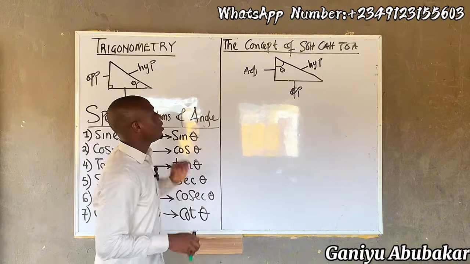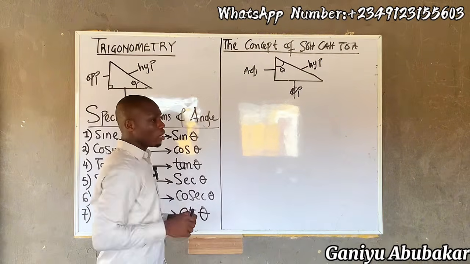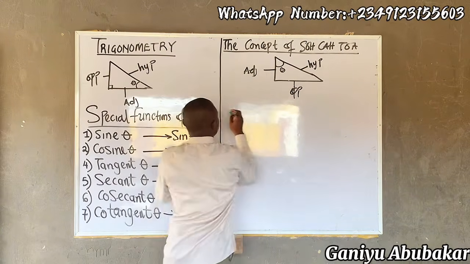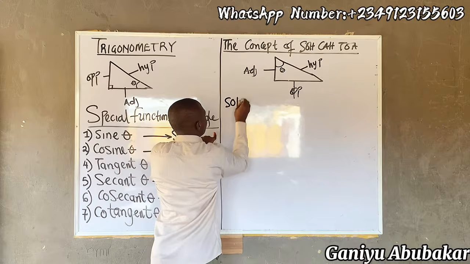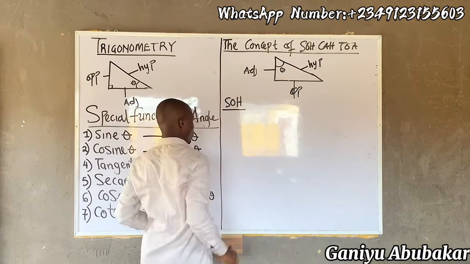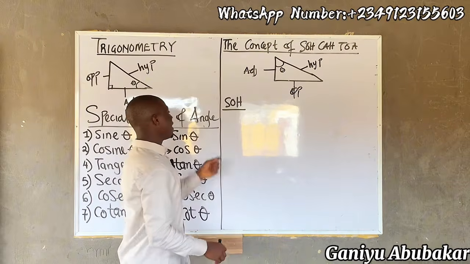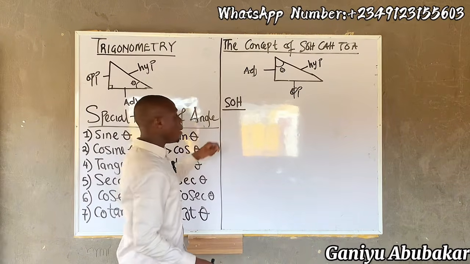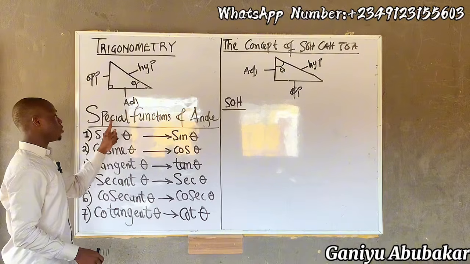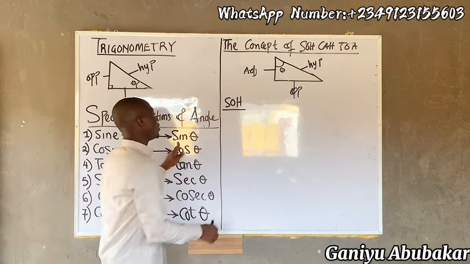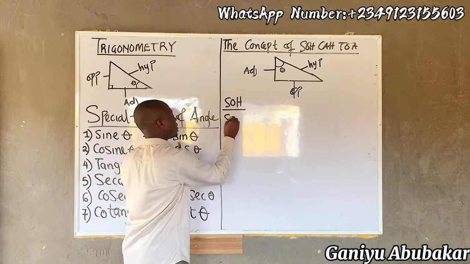So from here now, let's discuss SOH, CAH, and TOA separately. The first one I have is called SOH. What does SOH mean? This S signifies one concept from this special function of angle, that's sine.